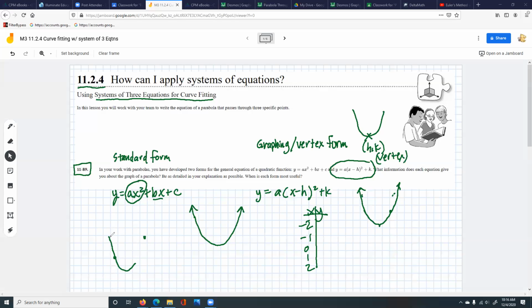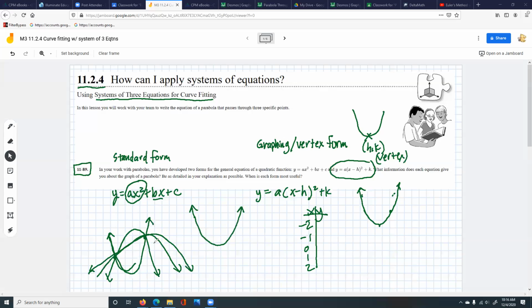No. How many parabolas can go through the 2 points? A lot. Yeah, I could keep going.